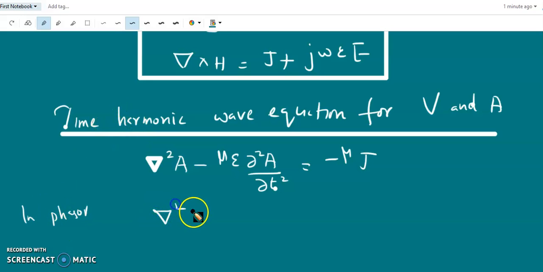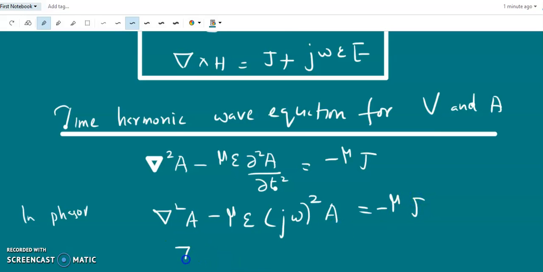This is written as del squared A minus mu epsilon, where wherever ∂/∂t occurs we replace it by jω, and wherever ∂²/∂t² occurs we replace it by (jω)², times A, is equal to minus mu J. So del squared A, j squared is minus 1, since j is root of minus 1. Minus minus is plus, so del squared A plus mu epsilon omega squared A is equal to minus mu J.